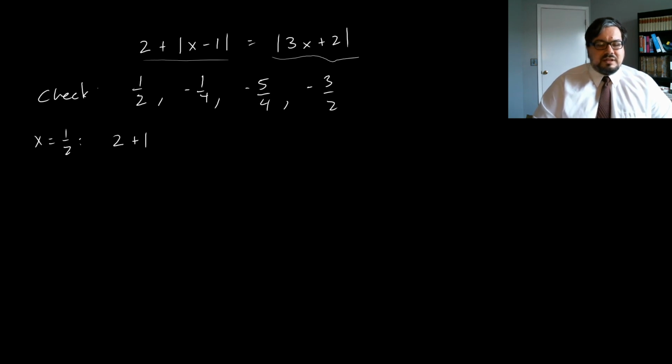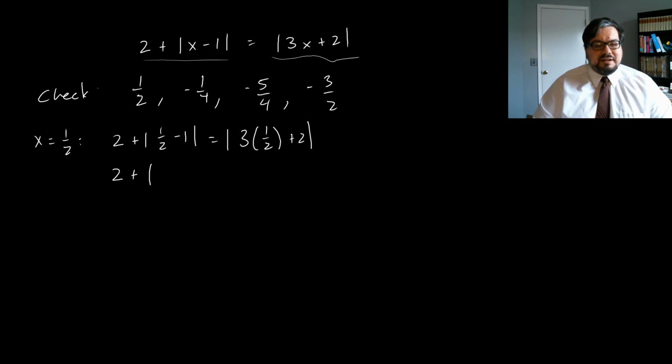We get 2 plus the absolute value of 1/2 minus 1 equals the absolute value of 3 times 1/2 plus 2. That gives us 2 plus the absolute value of 1/2 minus 1, which is -1/2. 3 times 1/2 plus 2 is 3/2 plus 2.